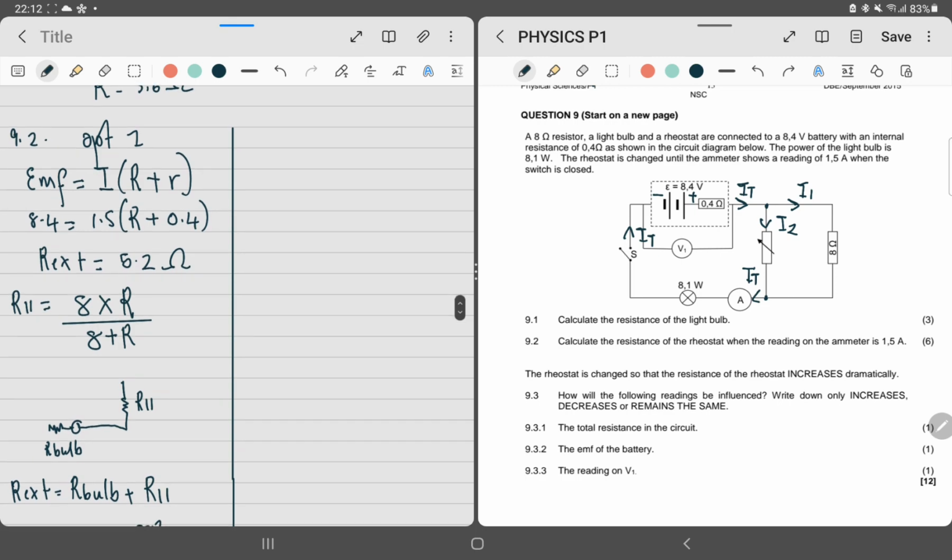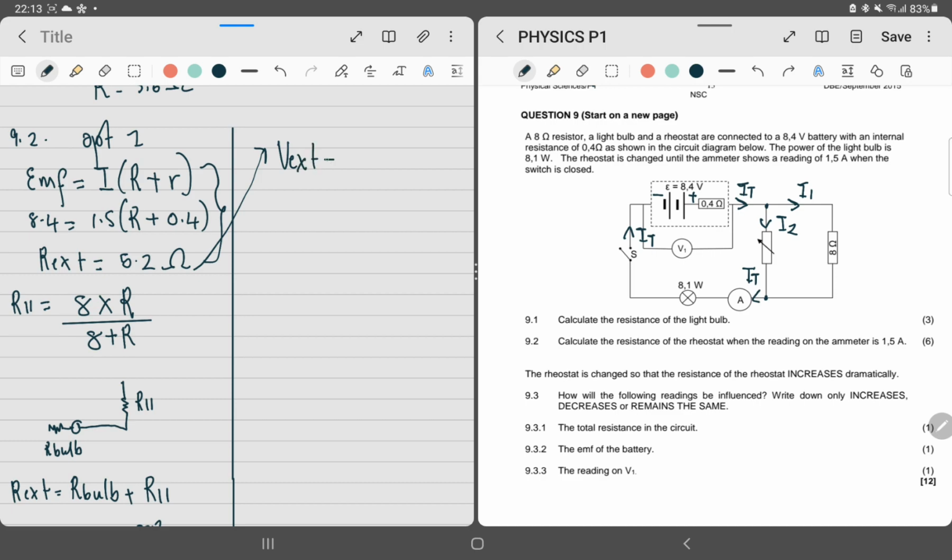Let's try the other method. So we currently have R external as well as the total current. So you will first use that to find V external, and then you'll continue from there. So we are trying to find V external now.